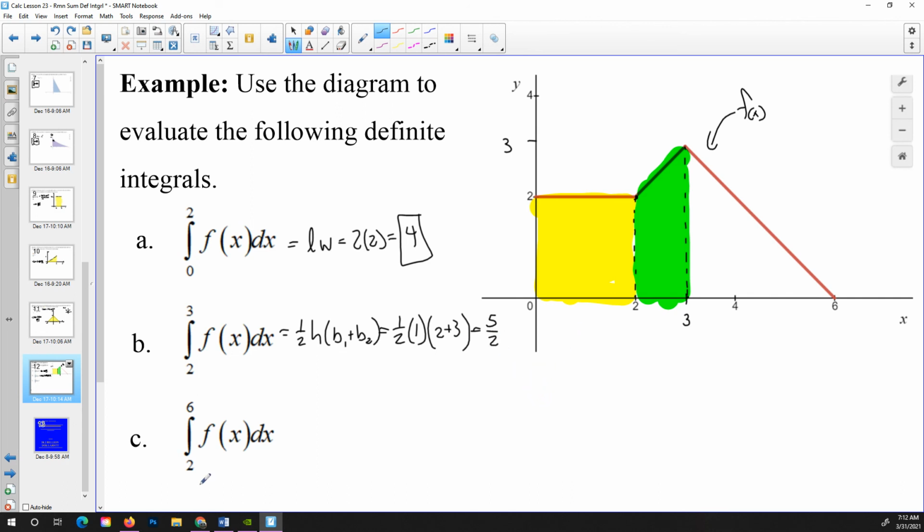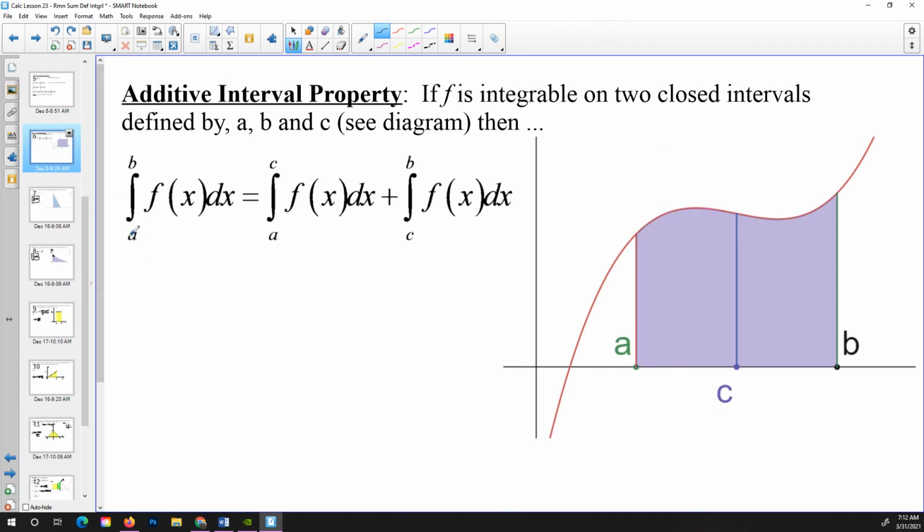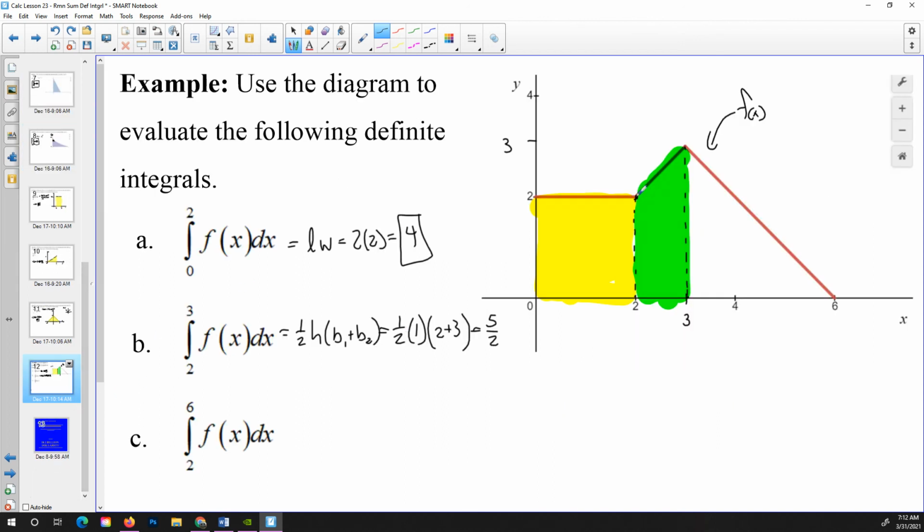Now finally, it wants us to find the definite integral from 2 to 6. Now from 2 to 6 is this distance here. So the reason I put this in is because I want, before we leave, to have a demonstration of this additive interval property. And what the additive interval property says is, if you break it up into 2 parts, you can add the sums of those particular areas. So here I have this trapezoid, but over here I have a triangle.